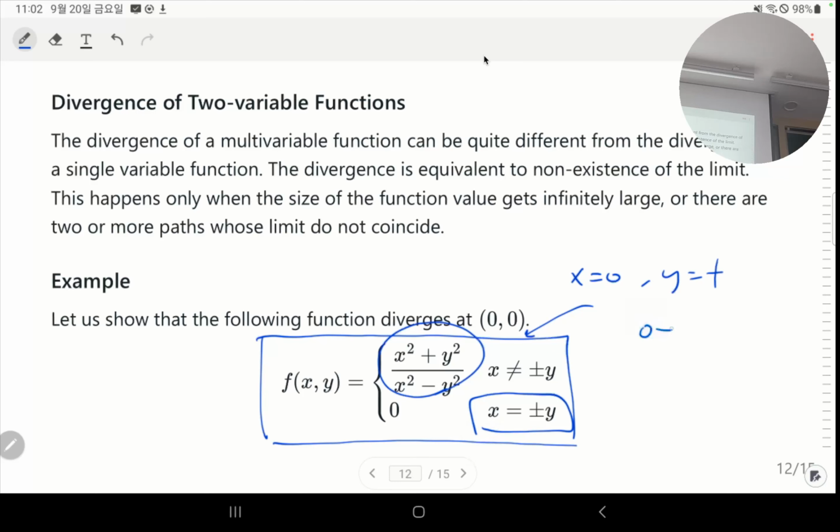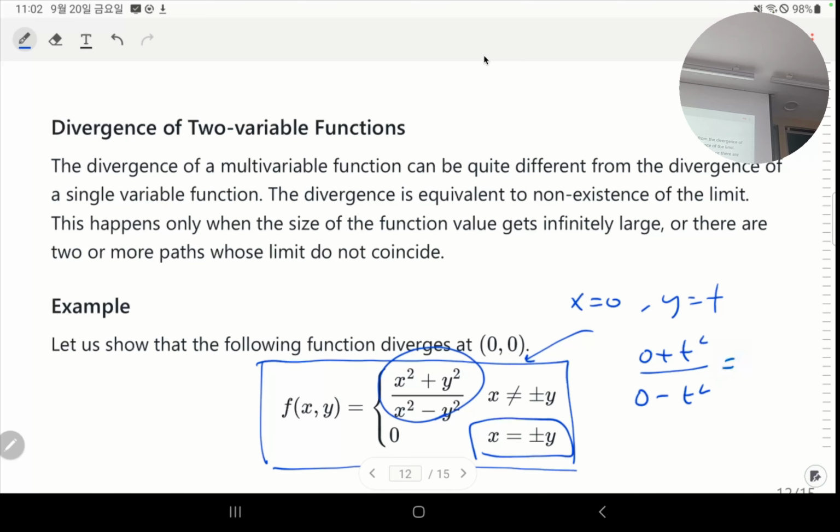So 0 plus t squared and 0 minus t squared. t is not 0. I'm making t closer to 0, but not 0. When t is not 0, this is always minus 1. So if I follow this y-axis path, then I always get minus 1 as the value of the function, right? So the limit is minus 1.